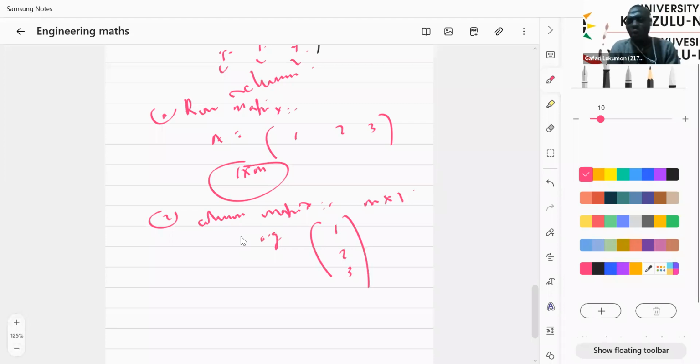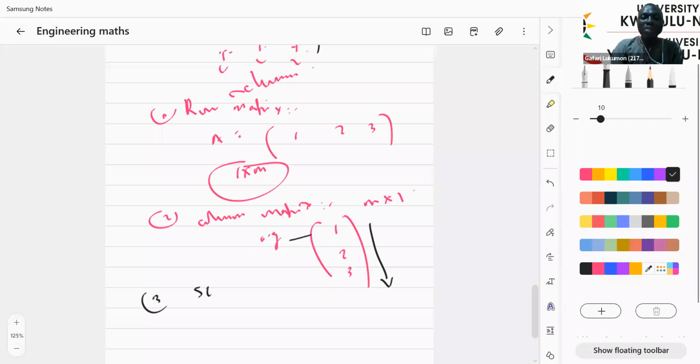Don't forget I said a column is an element that runs from what? From top to the bottom. You see, we only have just 1 column, but I have 3 rows. In essence, when you have 1 column, that matrix is known as a column matrix.